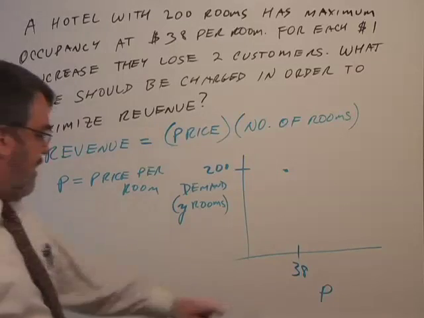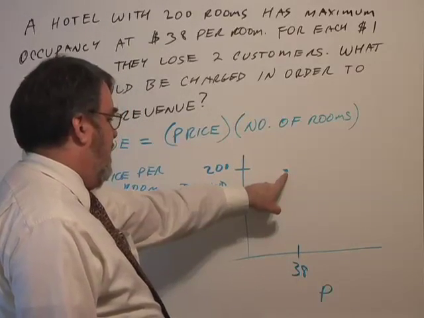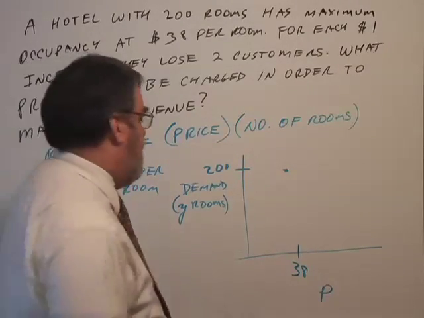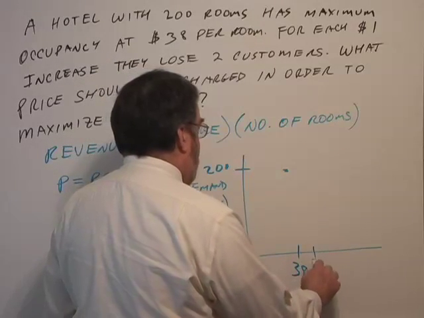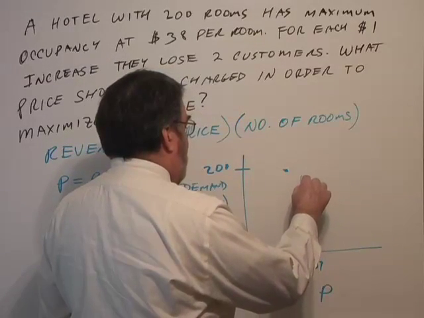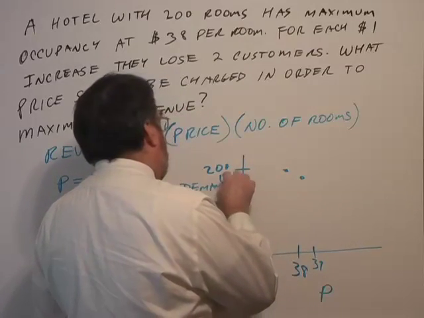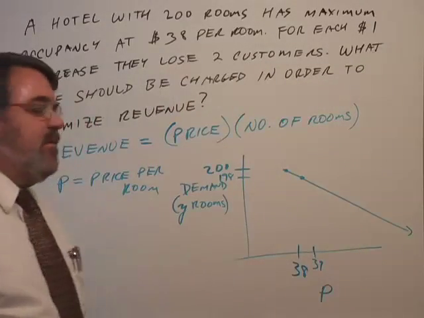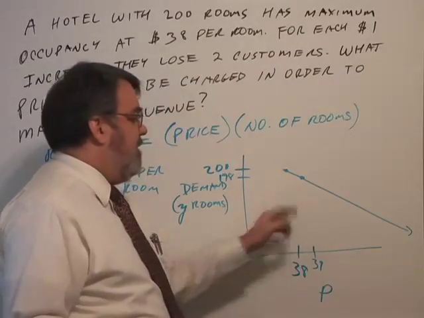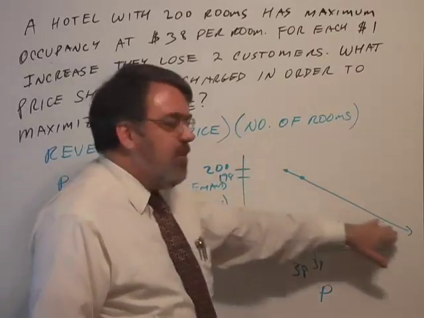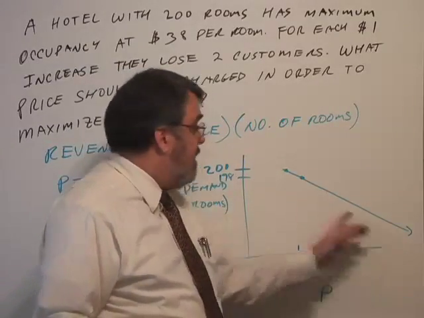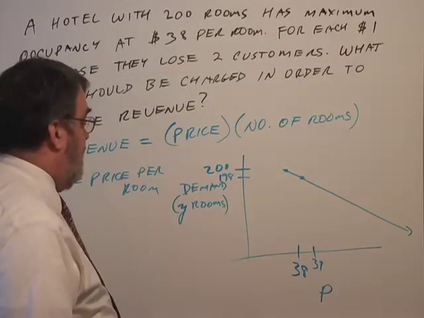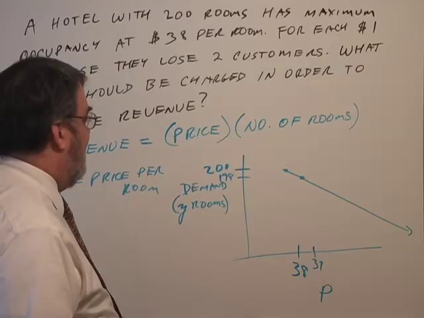All right, so if we charge $38, we have a demand of 200 rooms. Now, if we raise the price by $1 to $39, then our demand slips to 198. So our price demand curve, which is what this is called, is going to look like this, because as we raise the price, the demand, or number of rooms we can rent, is going to fall. And what is the slope of that line?